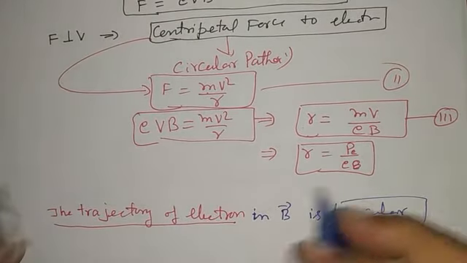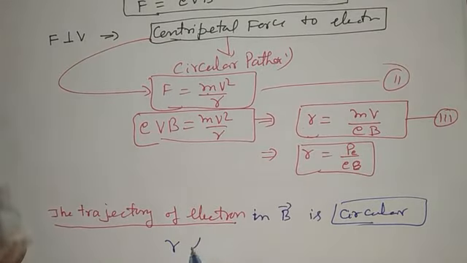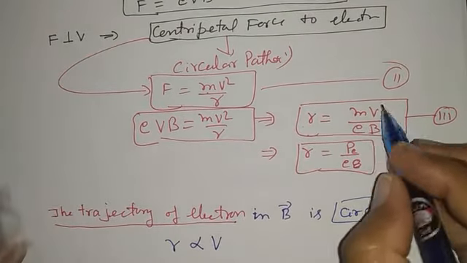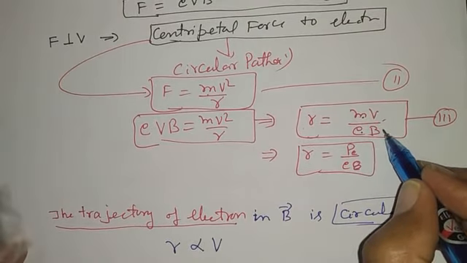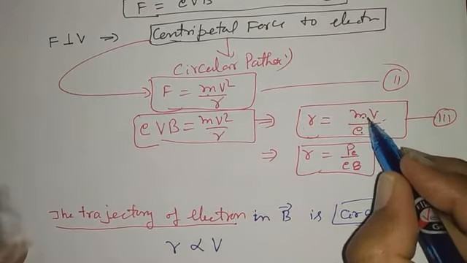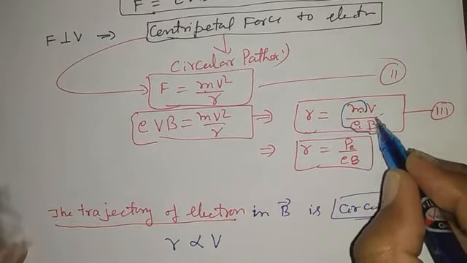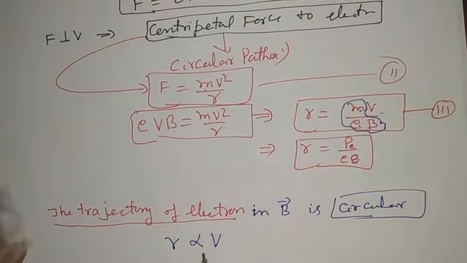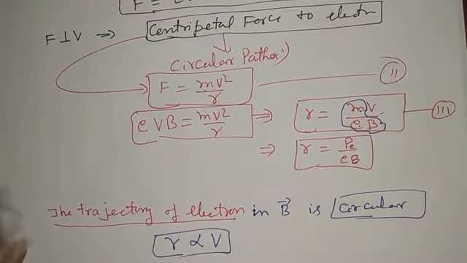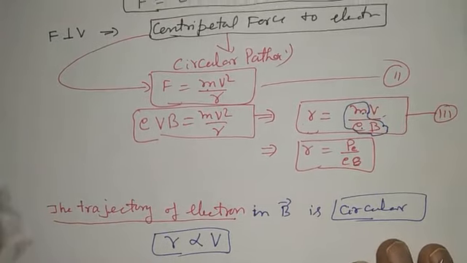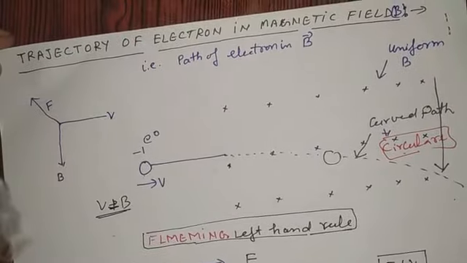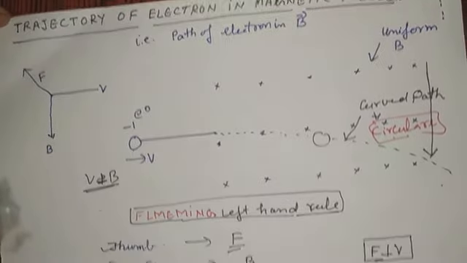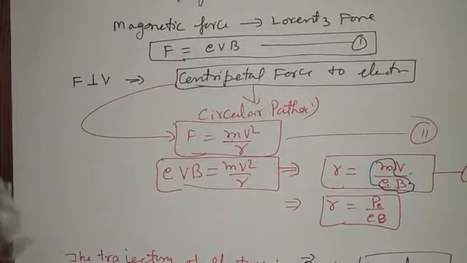Circular path whose radius r is directly proportional to velocity by this formula, because mass, charge and magnetic field in which it is kept are constant. So the variable is this. So this is all about the topic, that is trajectory of electron in magnetic field.